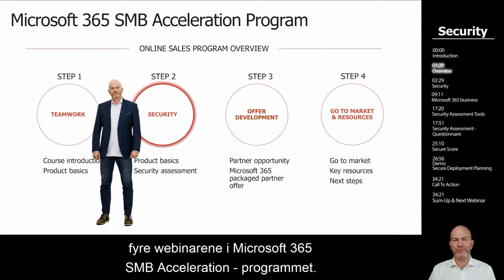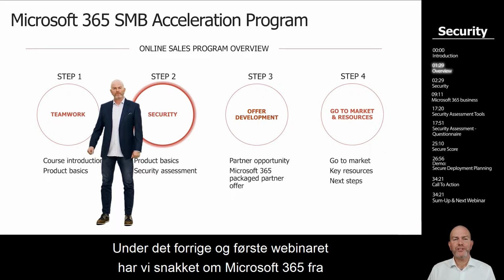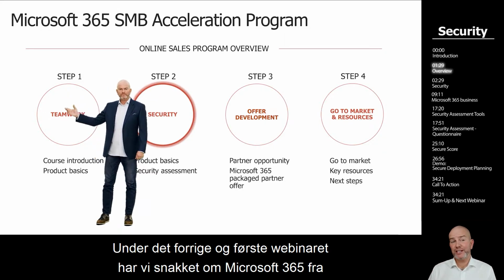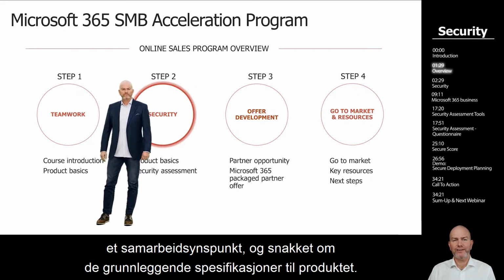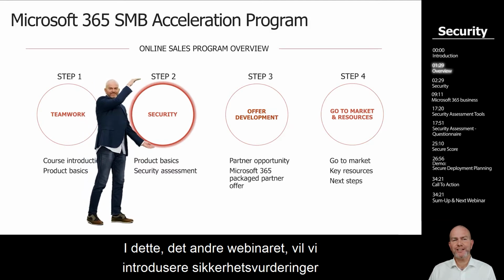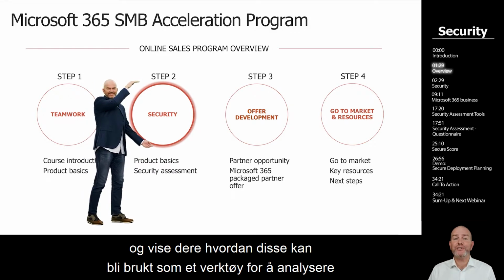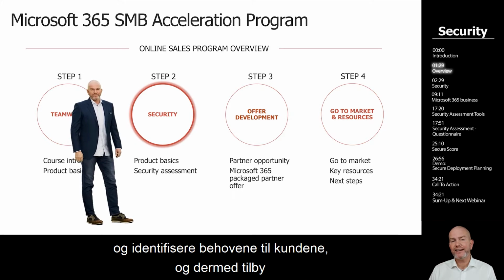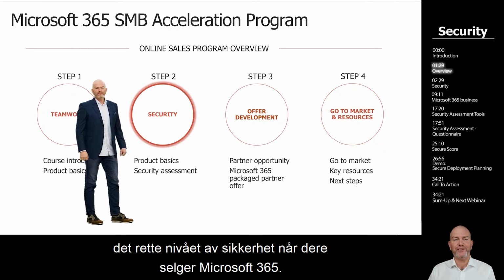These are the main components that we will cover during these 4 webinars in the Microsoft 365 SMB Acceleration Program. In the previous and first webinar, we looked at Microsoft 365 from a teamwork angle and talked about some basic product information. In this second webinar, we will introduce security assessments and show you how these can be used as a tool to analyze and identify the needs of your customers so you can offer them the correct level of security when selling Microsoft 365.